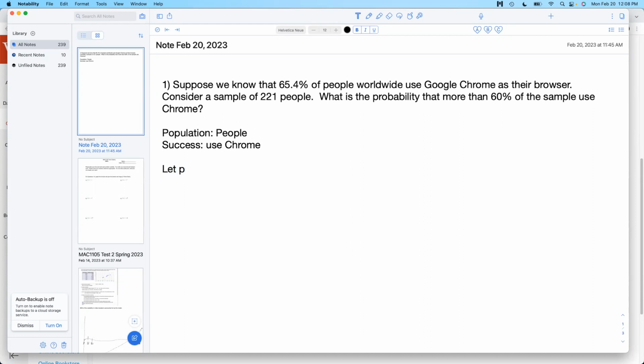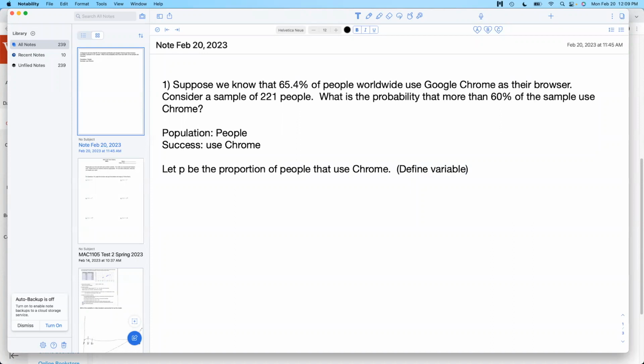Let P, which is the population proportion of success, be the proportion of the population that was successful. So let P be the proportion of people that use Chrome. That's defining our variable.